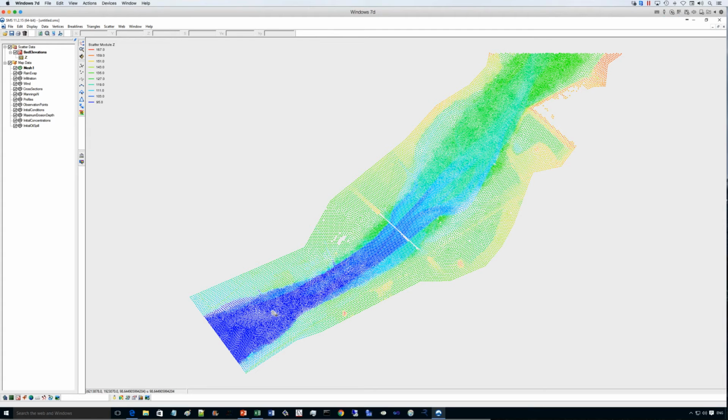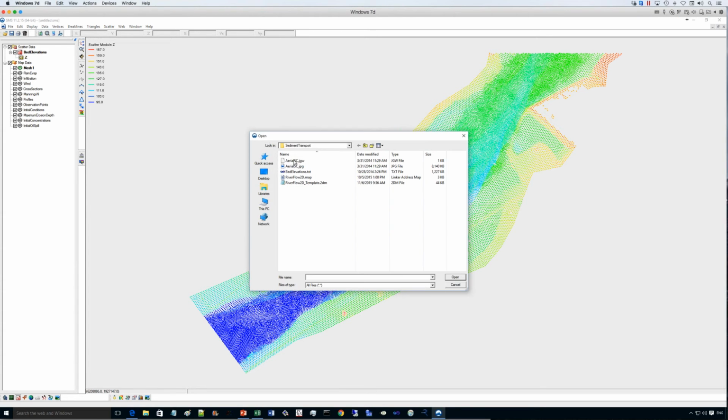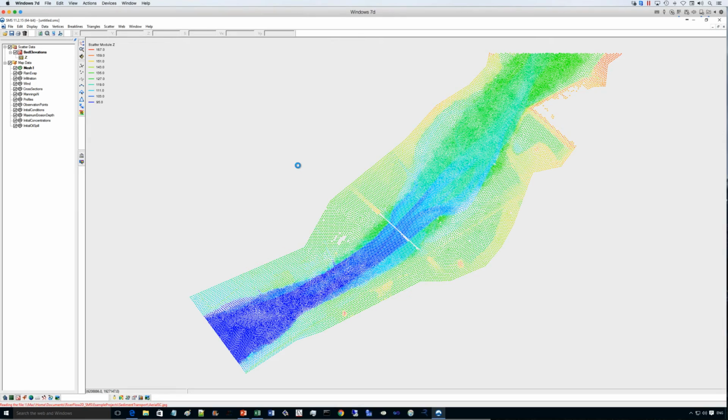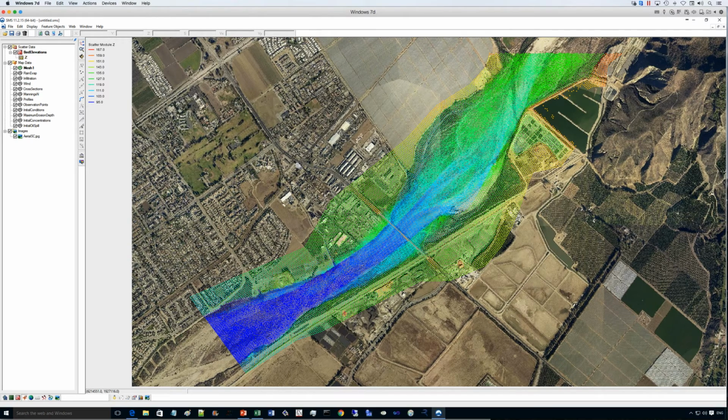The blue means the lowest elevations. This is the main channel. And in this particular river, this is in California, as I said, this is the inflow upstream and the outflow downstream. You can also import an aerial image. So I'm importing a JPEG image for the background. That is useful also to enter data.